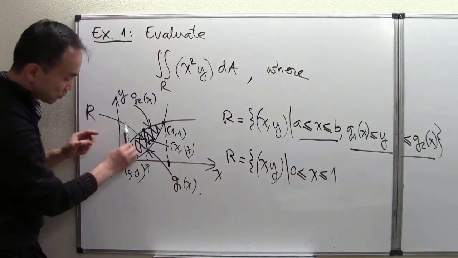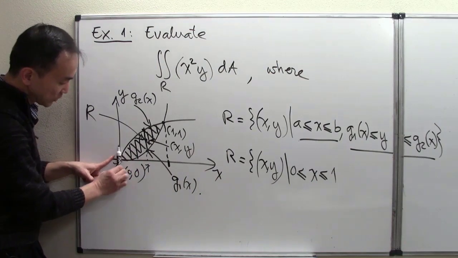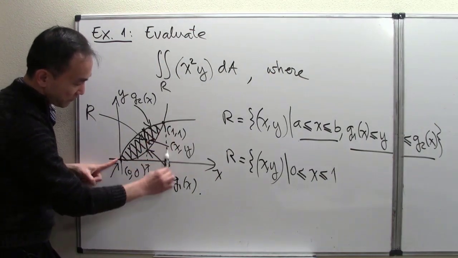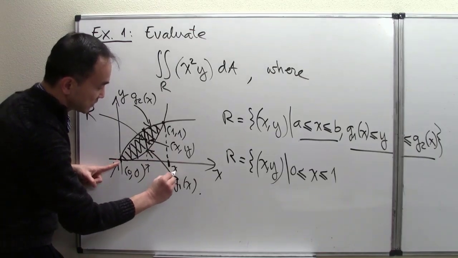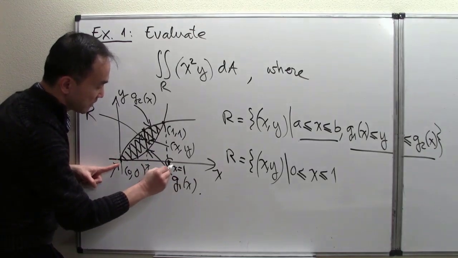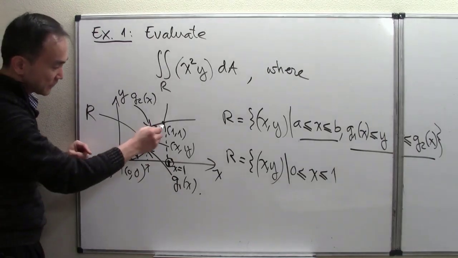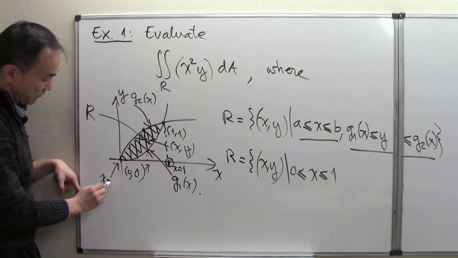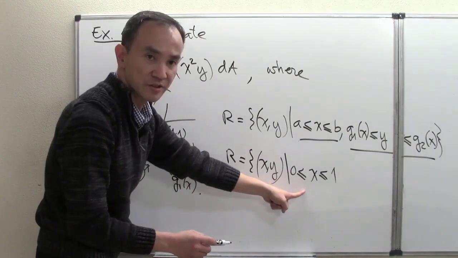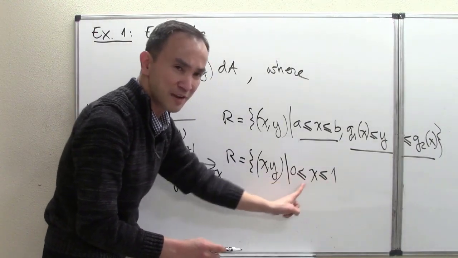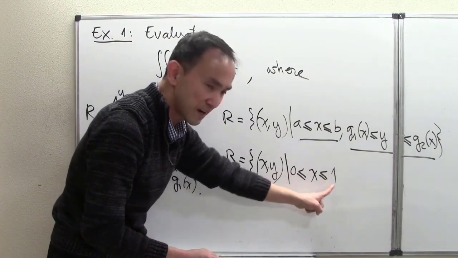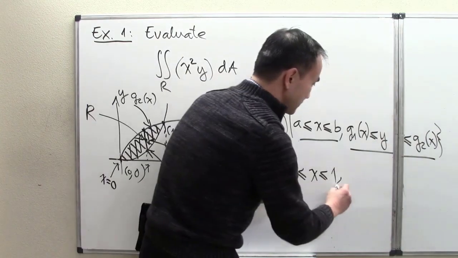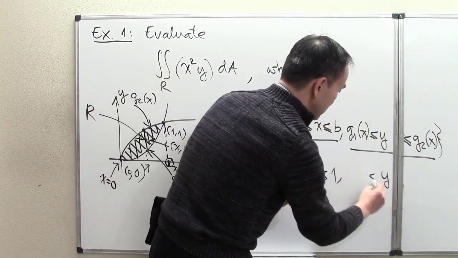Because I can only put vertical stripes starting at x equals 0 and ending at x equals 1 right here. That last vertical stripe is here, and the beginning one is at x equals 0, and that's why I have this inequality. It's two constant values trapping the x variable in between, and then the y variable is anywhere above.